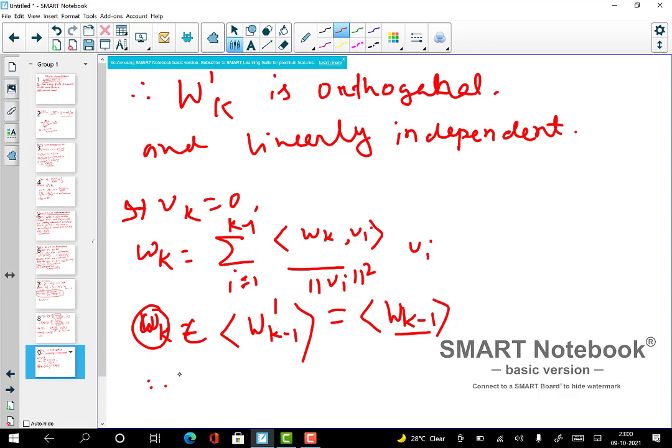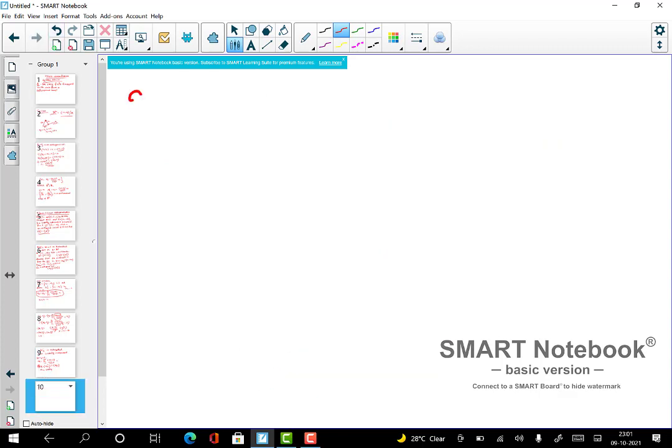So what does that mean? That means the small wk is linearly dependent with the other w1, w2, up to w k minus 1, which is a contradiction, because originally we started with w1 up to wk being linearly independent, right?